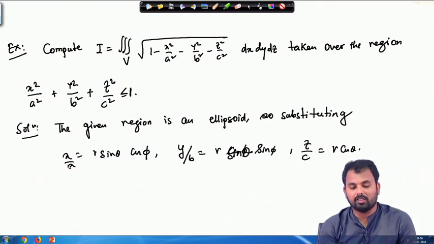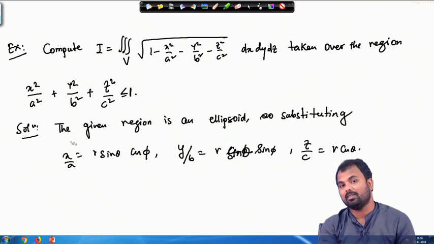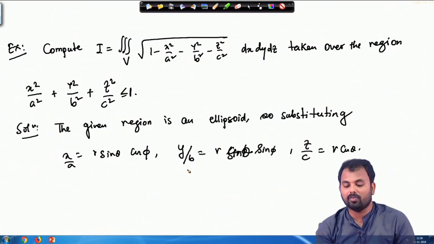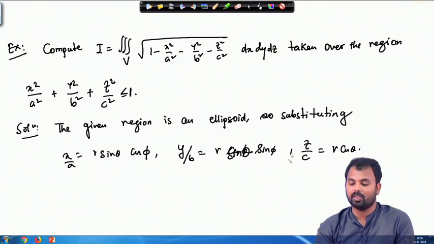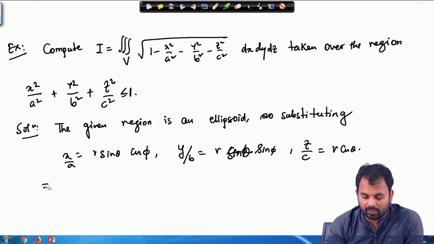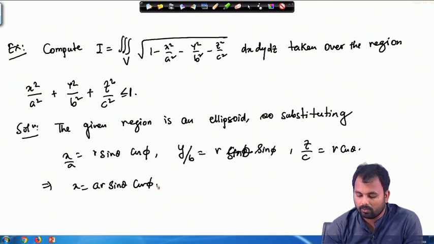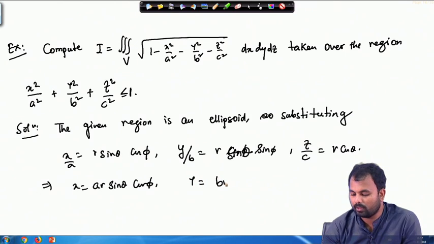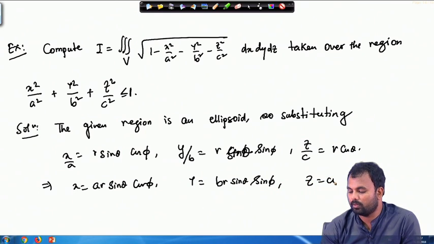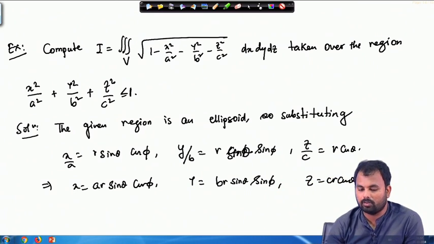We are taking the substitution for x by a, not x, and similarly for y by b and z by c. So, now I can write it as x equals a r sin theta cos phi, y equals b r sin theta sin phi, and z equals c r cos theta, right.